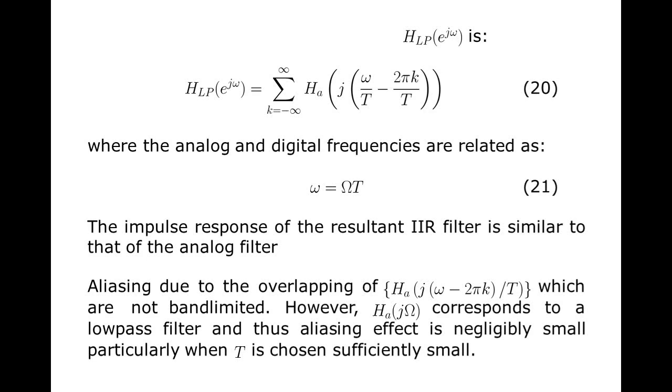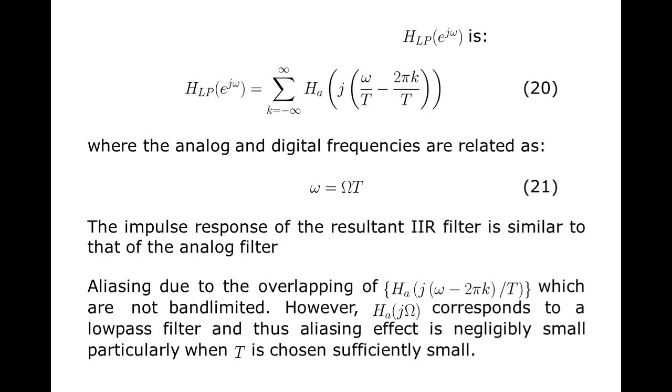The impulse response of the resultant IIR filter is similar to that of the analog filter. The response will not be changed. Whatever response you get in the analog filter, the same response you will get in the digital one.